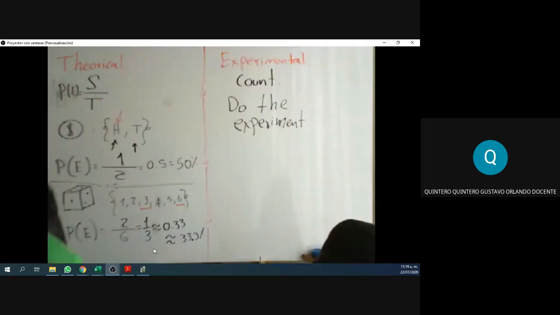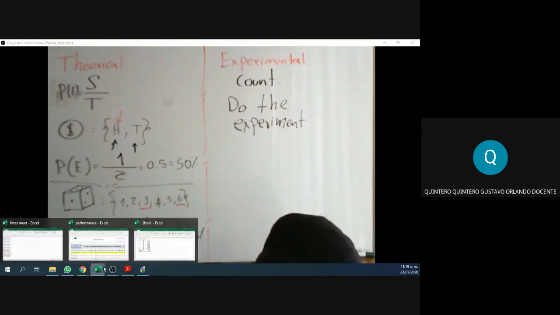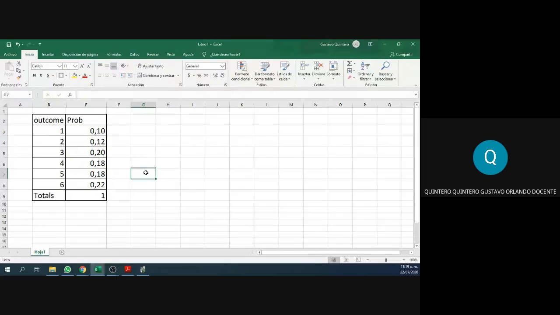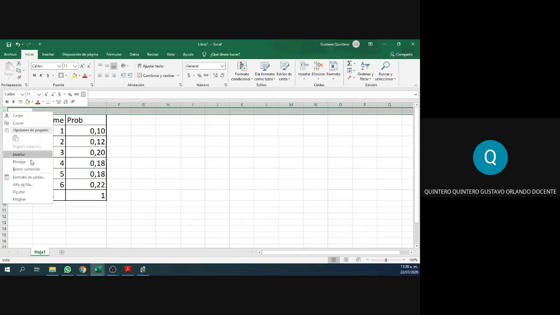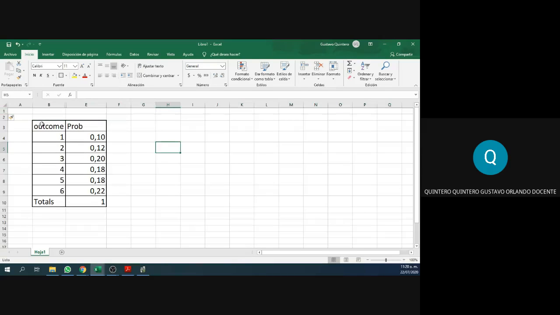Let's apply theoretical probabilities to our example. This is my example, right? This is the experimental probability. Let's do the theoretical here, theoretical probability.